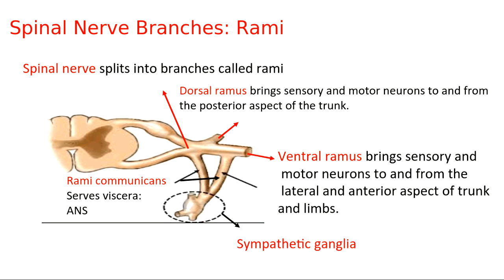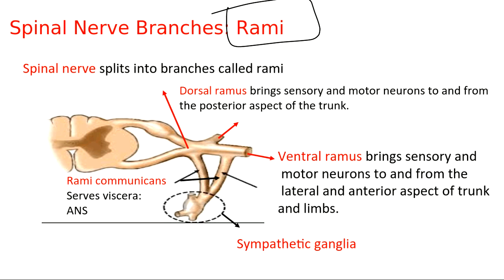Now, spinal nerves are not very long. Very shortly after they leave from in between vertebra, they begin to branch. And the branches are called rami, right there. And so this right here is the spinal nerve.